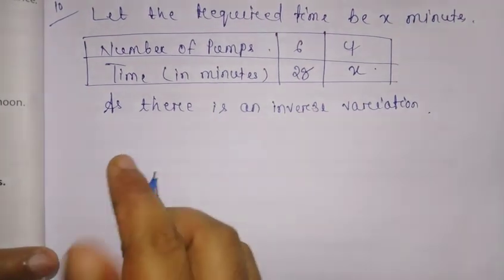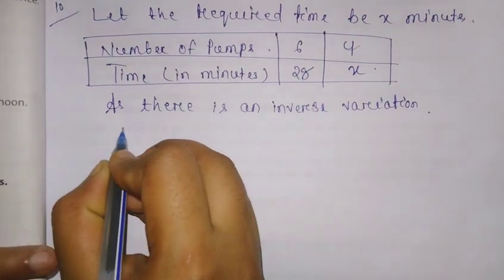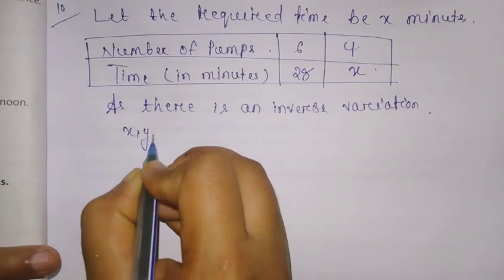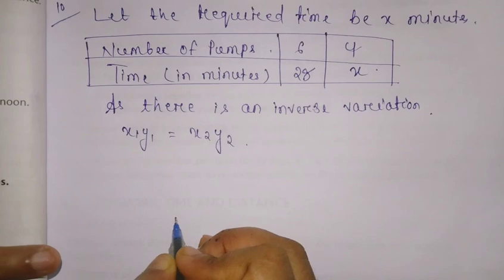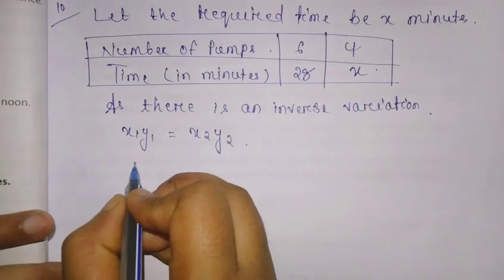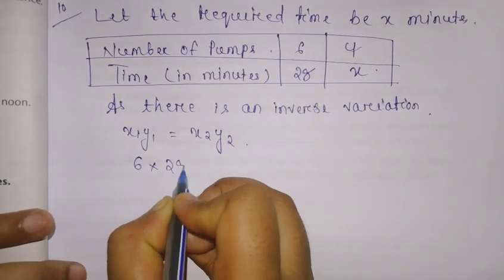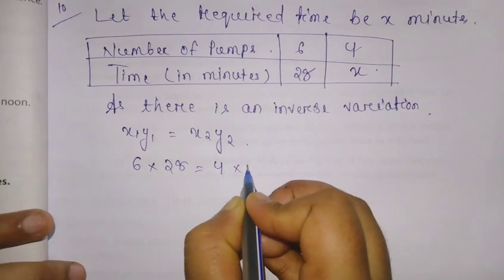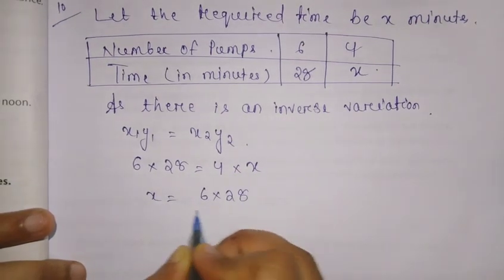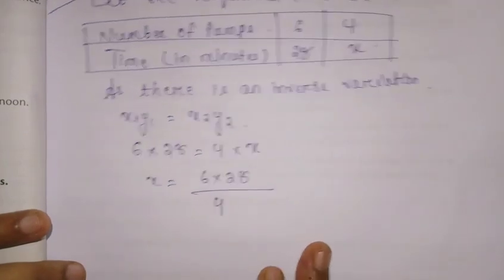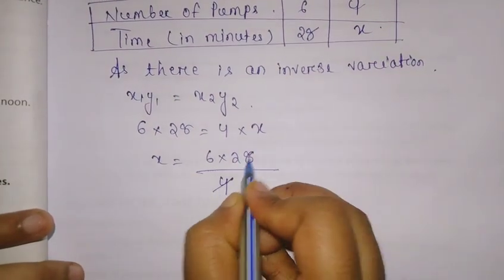Then we put the inverse variation formula: x1 into y1 equals x2 into y2. Here x1 is 6 and y1 is 28. Then x2 is 4 and y2 is x. Then x equals 6 into 28 divided by 4. 4 sevens are 28.